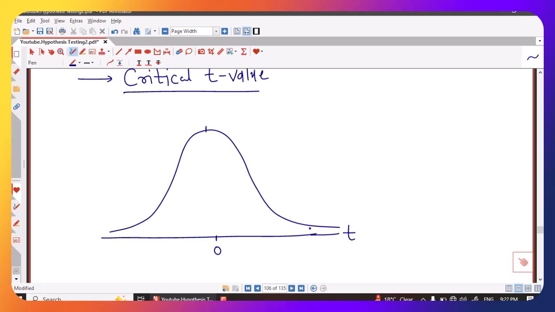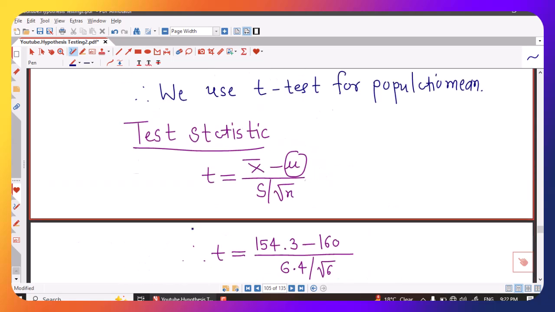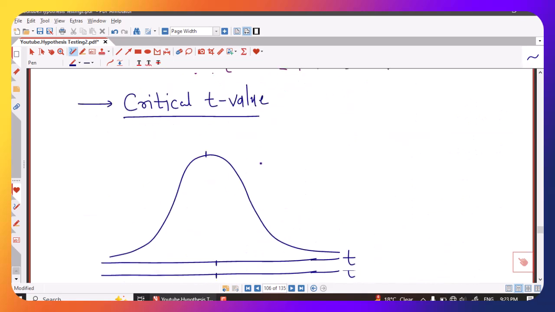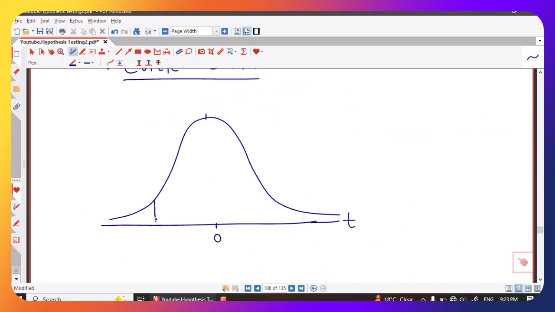We consider values of t on this horizontal axis, and we are having this left-tailed test. Due to the less than sign, we consider this much area, the area in the left tail, as alpha, that is the level of significance, and here the level of significance is 0.01.